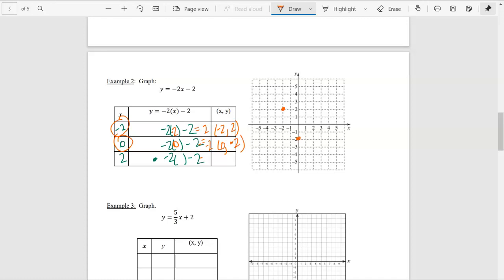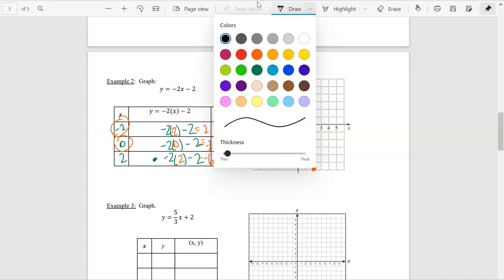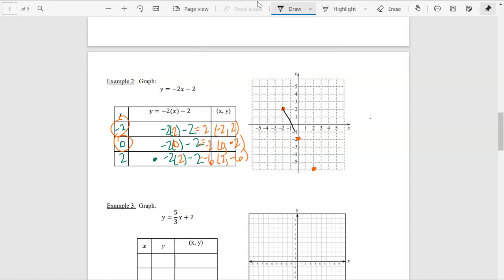And then when we plug in a 2, -2 times 2 is -4. -4 minus 2 is -6. So we would get the point 2, -6, way down here. Okay, so this would make a straight line. We go back and graph it. We would connect these dots.